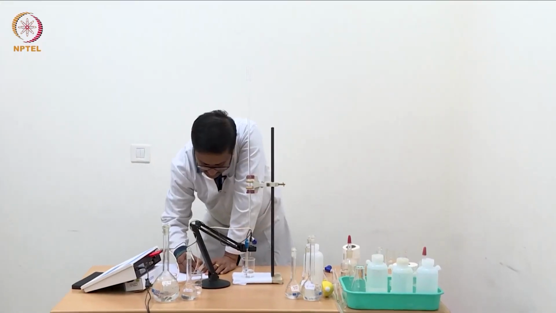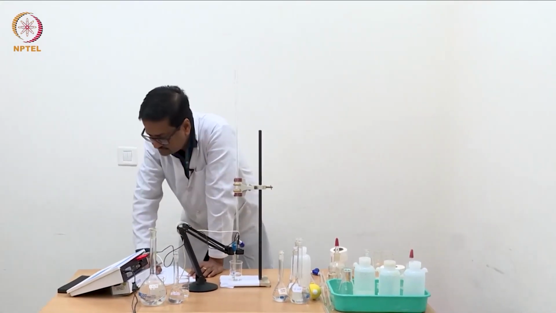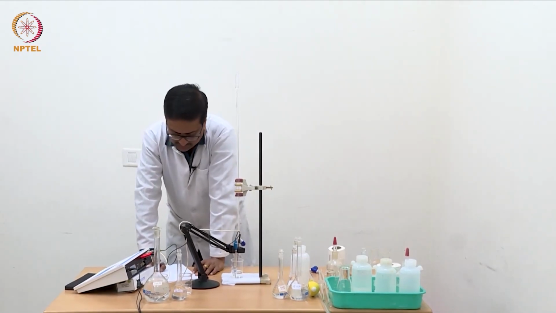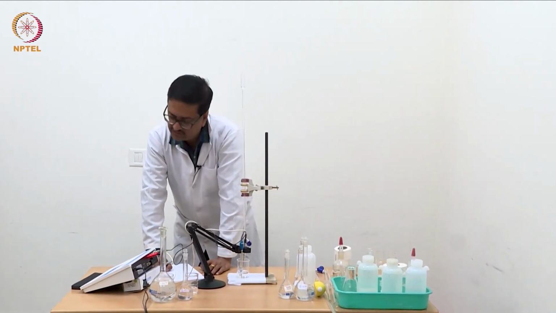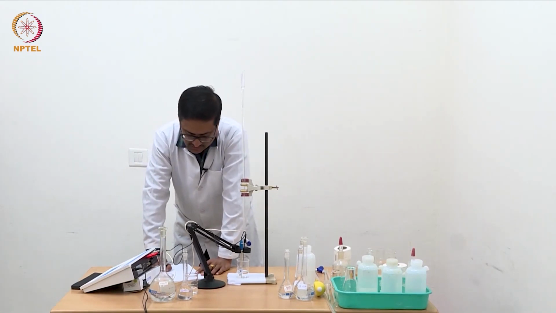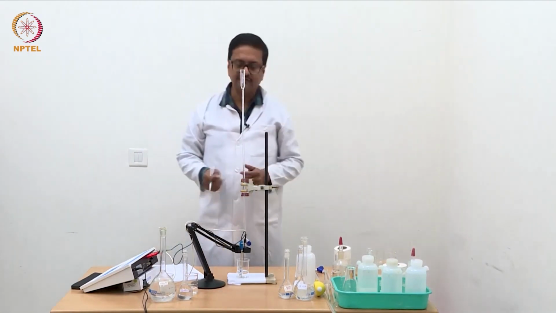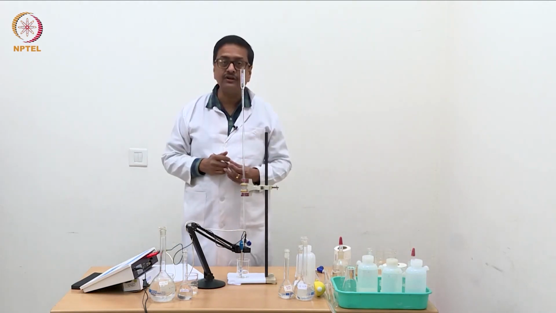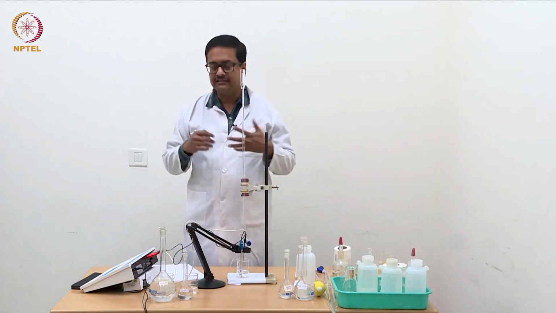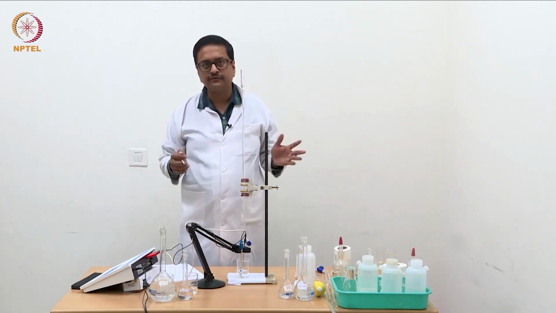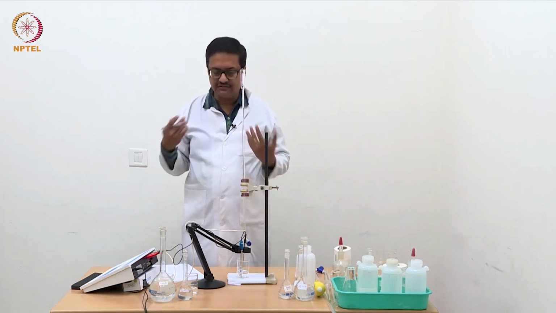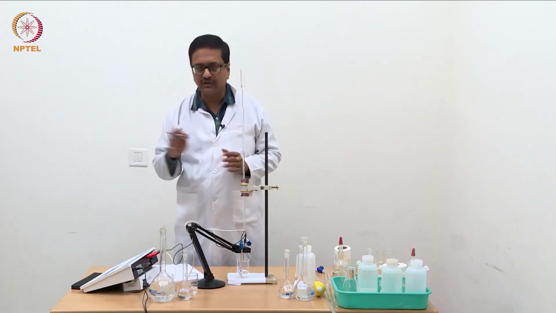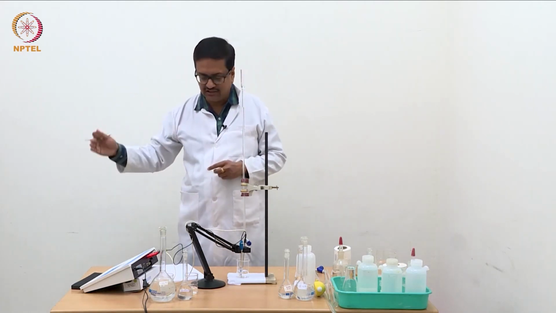So now with 0.16 ml, we see that the conductivity has started increasing slowly, and this feature we have explained during the theory class: initially the decrease happens because the concentration of H+ reduced suddenly by addition of NaOH, and then when a certain amount of H+ has been removed, acetic acid starts to dissociate faster because the equilibrium is now shifted more towards the right, that is acetic acid dissociating into acetate and H+.